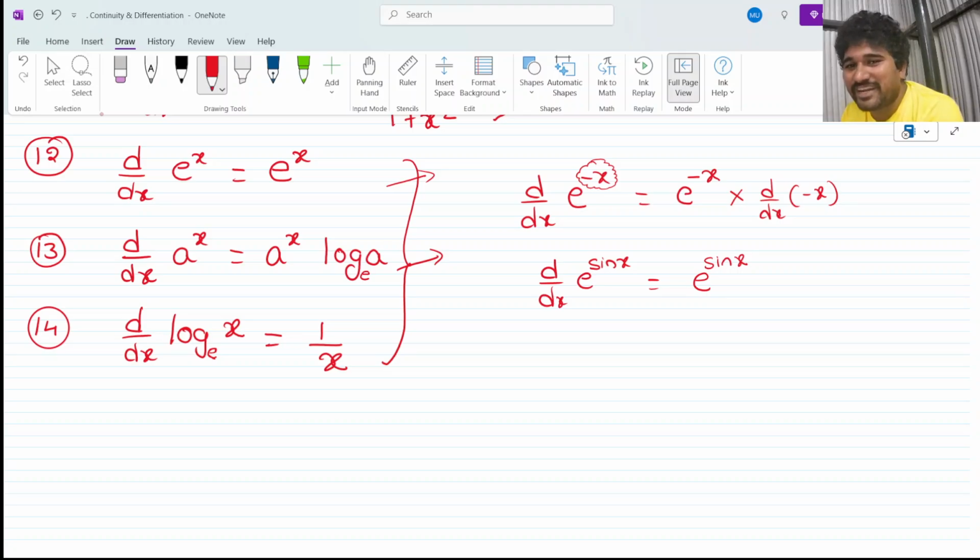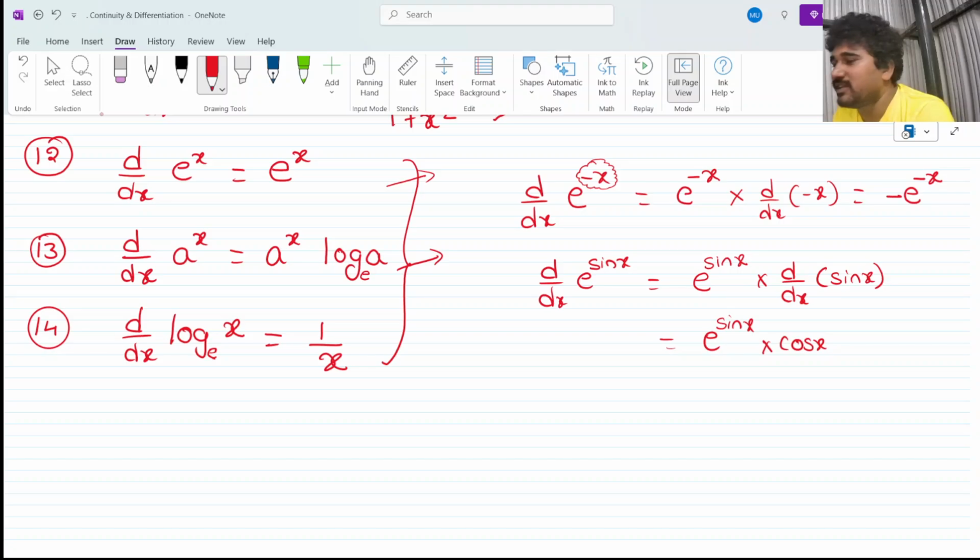But something has a differentiation, we should not leave it, right? d by dx of sin x. The differentiation of minus x is minus 1, so it is minus e power minus x. The differentiation of sin x is cos x. So e power sin x into cos x. Don't write cos x in the power. Understand? Is that clear?